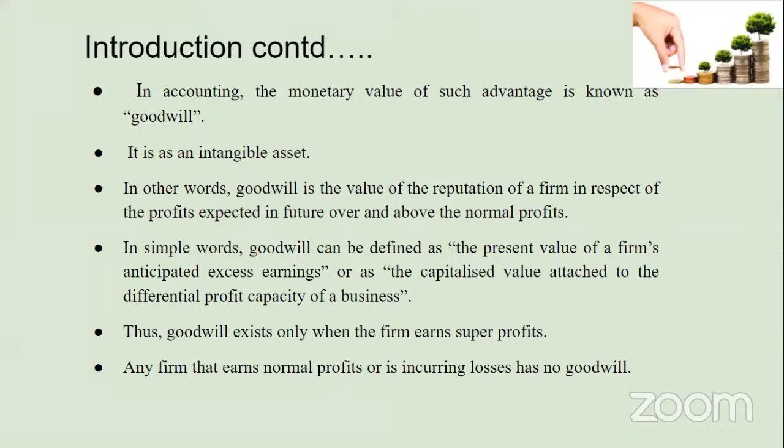So we get goodwill only when a firm is able to make super profits. When a company is able to earn super profits, then only that firm will have goodwill.